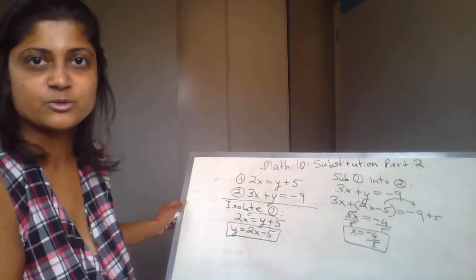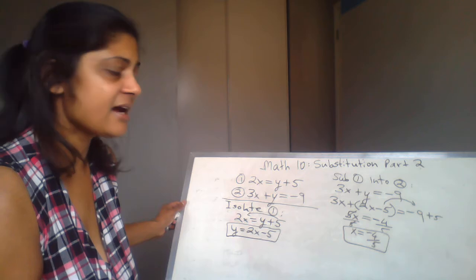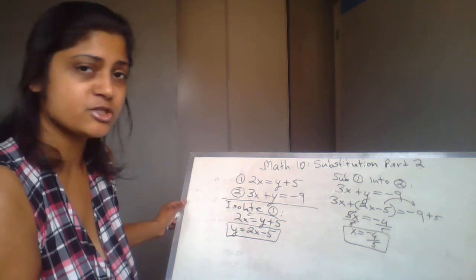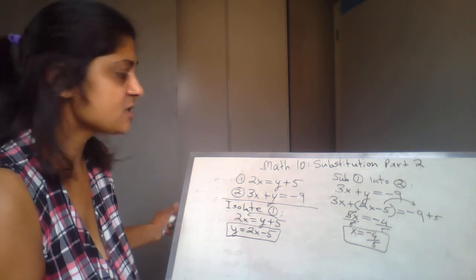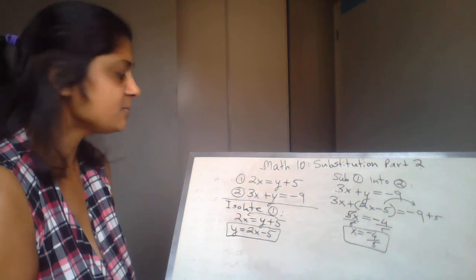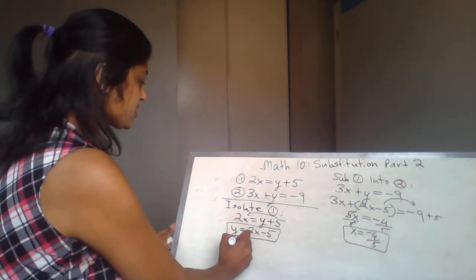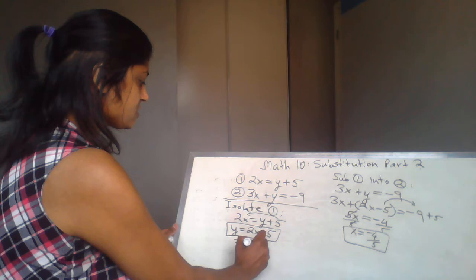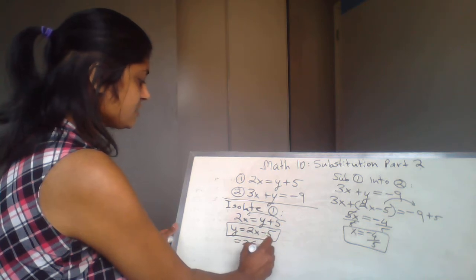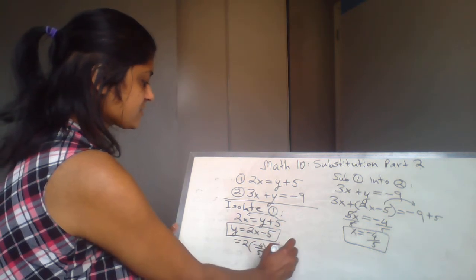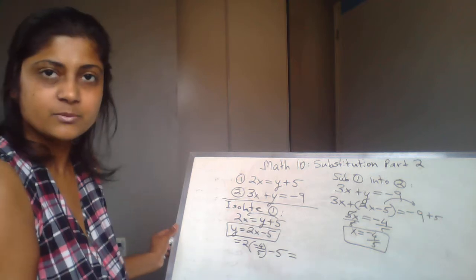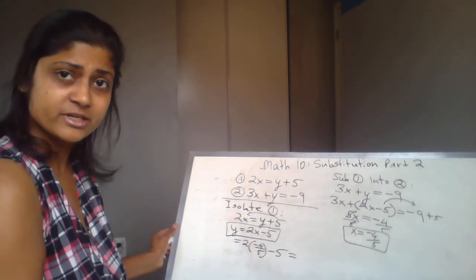And again, the teacher will give you questions that have a fraction, just to make sure you know how to do it. So we're going to take this x value and plug it back into this equation right here. So 2 times negative 4 over 5 minus 5. Make sure you're multiplying the numerators together here.